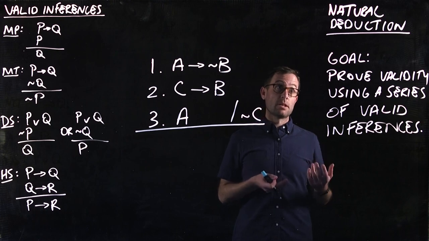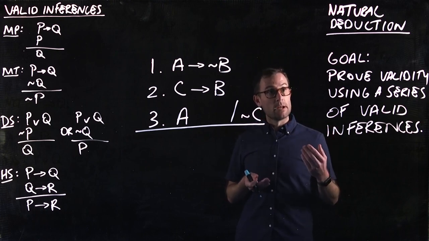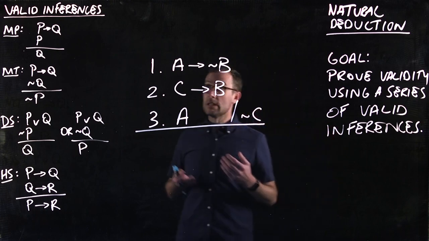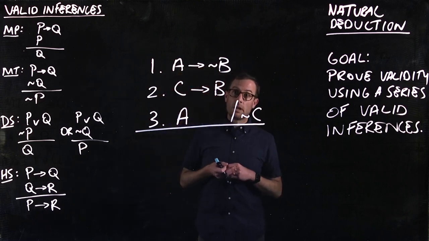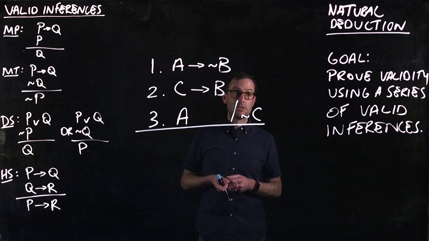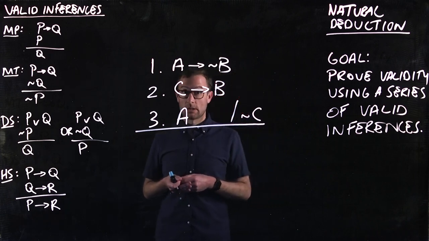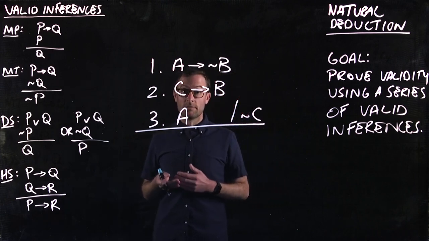Natural deduction, however, only demonstrates validity by using a series of valid inferences. So the arguments we're going to be testing using natural deduction proofs are all valid. That's an important thing to keep in mind as you go through the exercises. None of these arguments will be invalid.